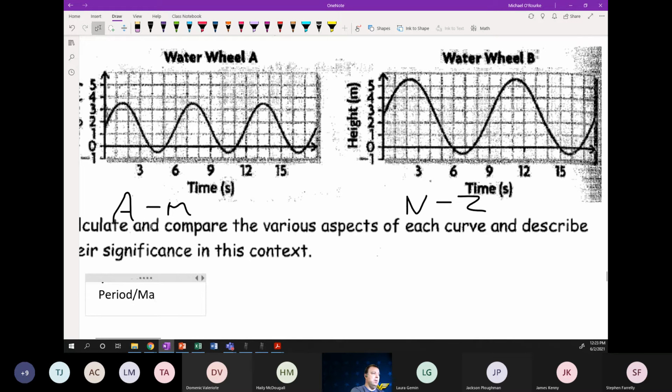Period, max, min, axis, and what's the last one I'm looking for? Amplitude. And give them meaning. Okay? Oh, it's kind of cheating because the meaning was the same as the one before.